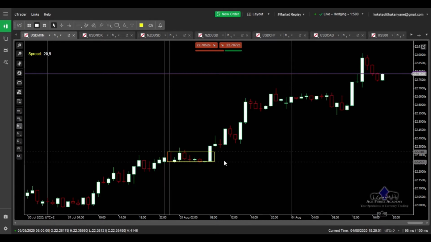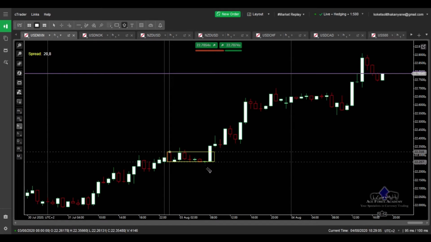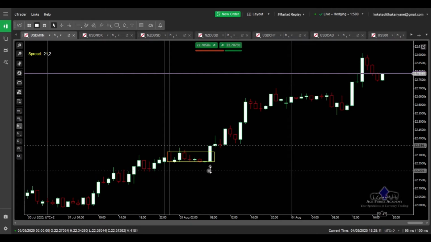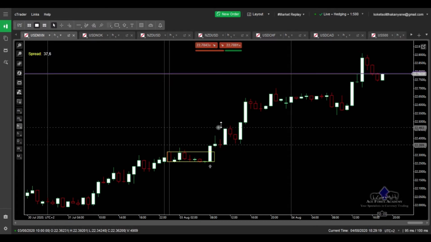Following this, price changed to the upside, and from changing to the upside we then had the formation of higher highs and higher lows. High low, higher high, and then we had another high low and a higher high.